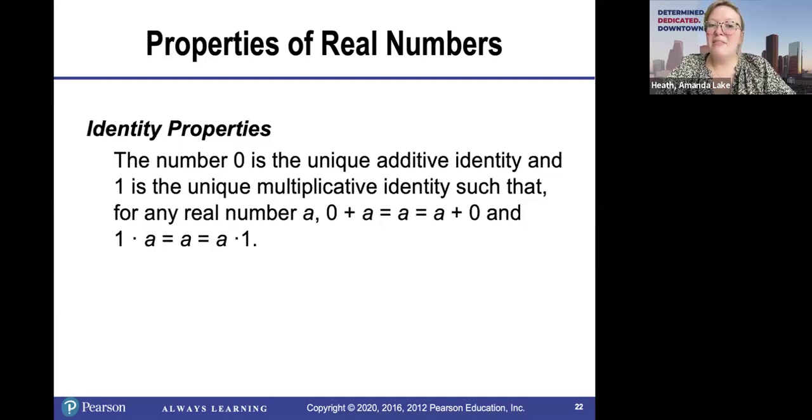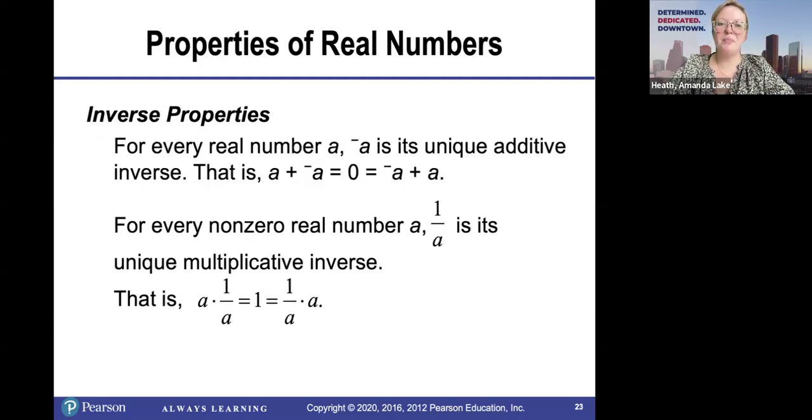The real numbers have a couple of identities, so special numbers that don't change what happens when we add or multiply them. So the number 0 is our additive identity because anything plus 0 is itself, and 1 is the multiplicative identity because anything times 1 is equal to itself.